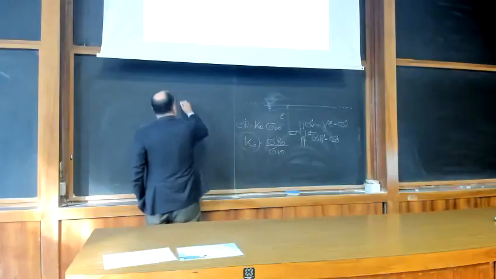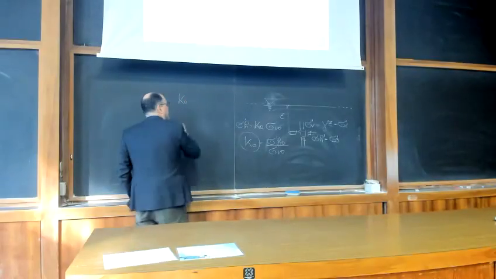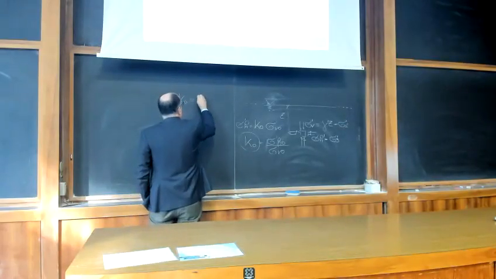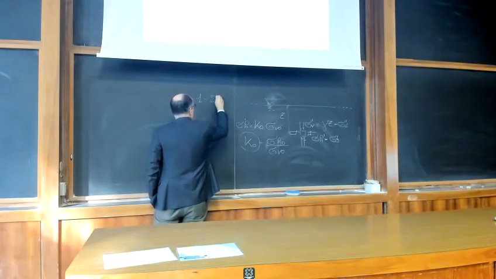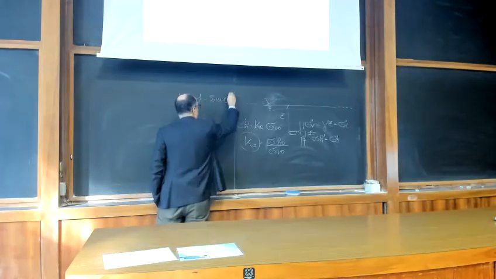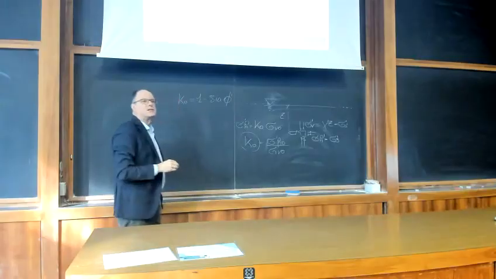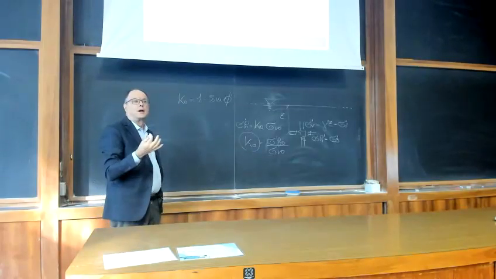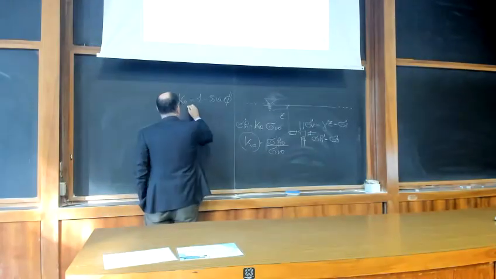We gave an empirical expression, typically 1 minus the sine of the angle phi. This is the expression for a normally consolidated soil.